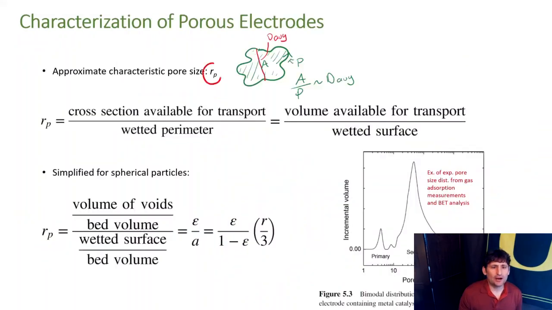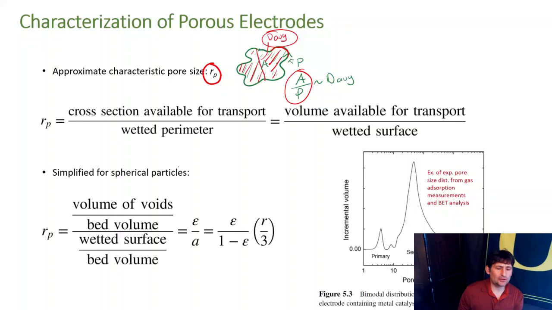So we can approximate a characteristic pore size. And the way to think about that is this characteristic pore size is the ratio of the cross-section available for transport divided by the wetted perimeter of the pore. So this is the cross-sectional area for transport, okay? And this is the perimeter of a given pore. And if you take the ratio of those, you get approximately the average pore size.